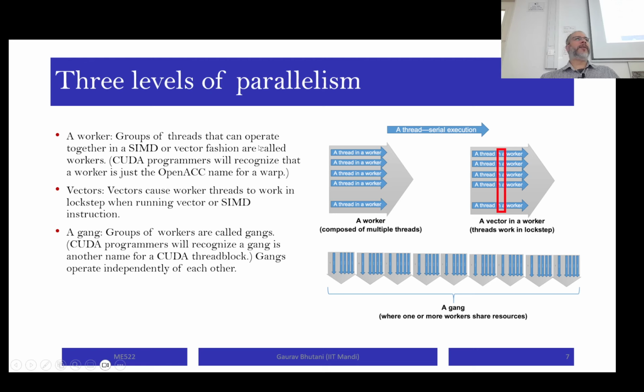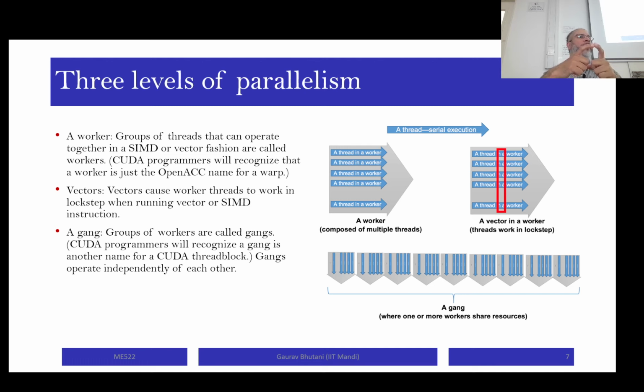Just like we had levels of parallelism in CUDA, where we called these blocks, then we had warps, and then we had threads. Each block had a number of warps.